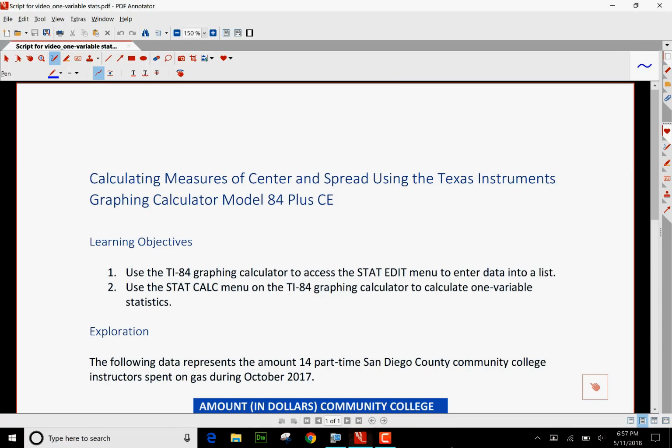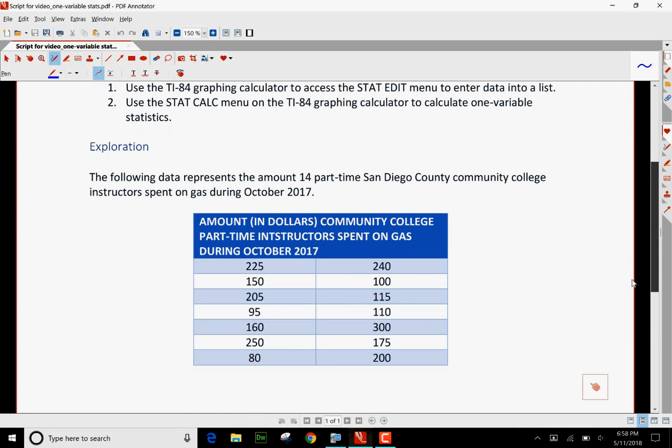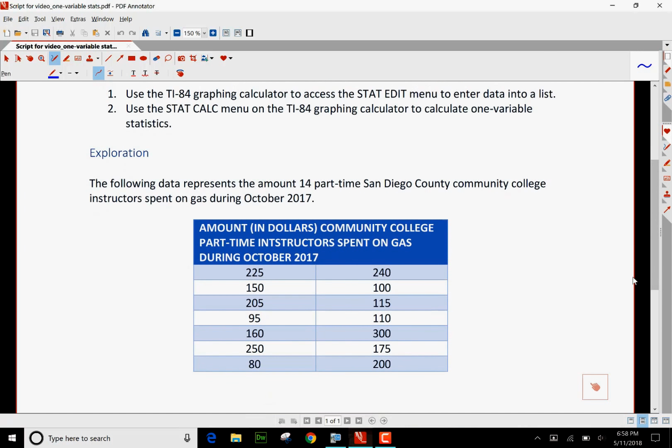So what we will be doing is learning how to enter data into a list and also to calculate one variable's statistics. Like with any tool, you need to know how to interpret what you find out and verify if it's reasonable. So this is one step to make calculations easier so you don't get bogged down in those while you are figuring out how to summarize this data.